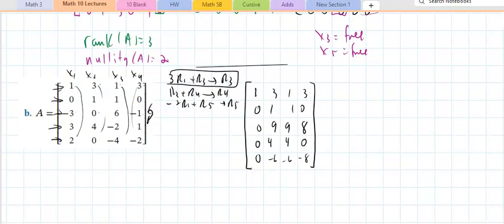Now, if I take negative 9 row 2 plus row 3 and row 3, if I take negative 4 row 2 plus row 4 and row 4, and if I take 6 row 2 plus row 5 and row 5, what would happen?